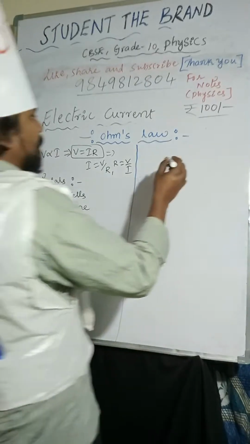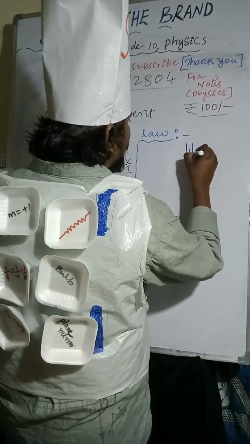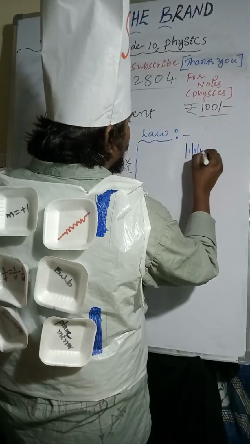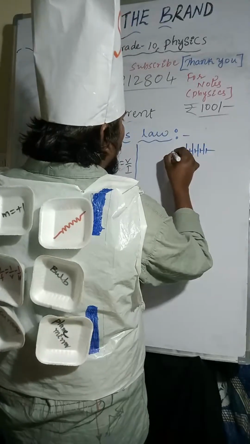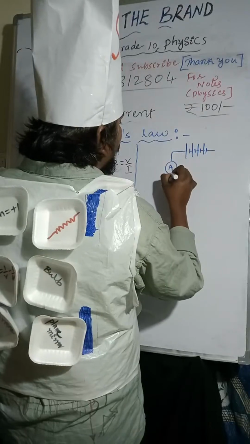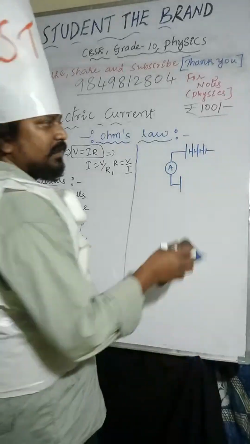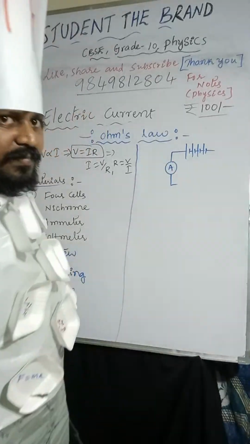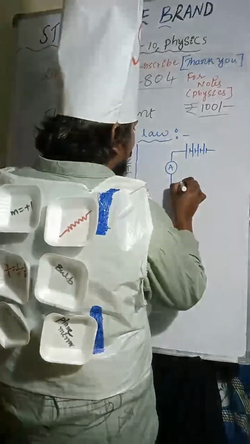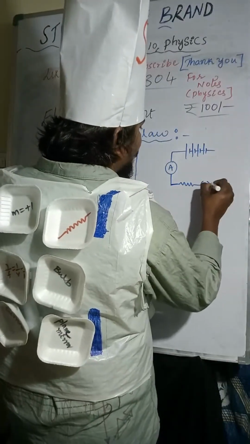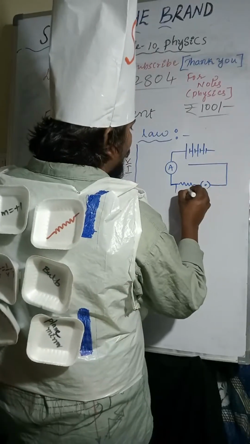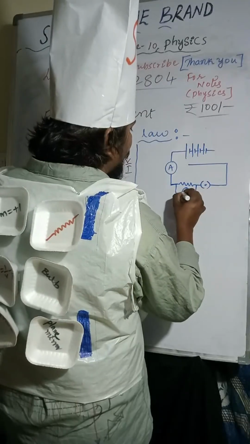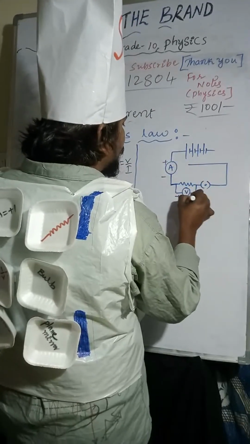Now the circuit diagram. You have to draw 4 cells: 1, 2, 3, 4. And the ammeter, and here you have to draw the resistor, and the switch. The voltmeter I am taking here, with positive terminal and negative terminal.